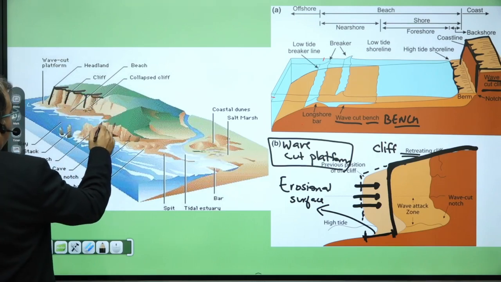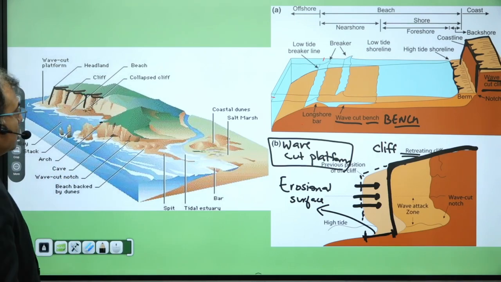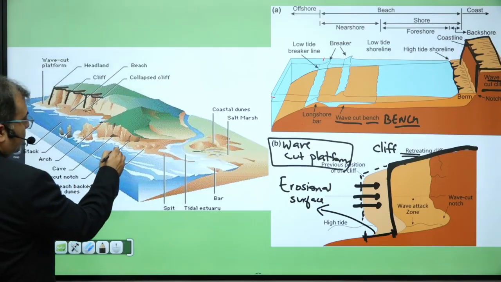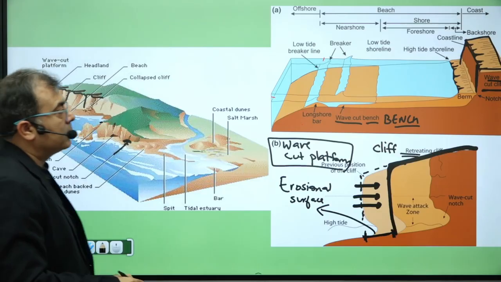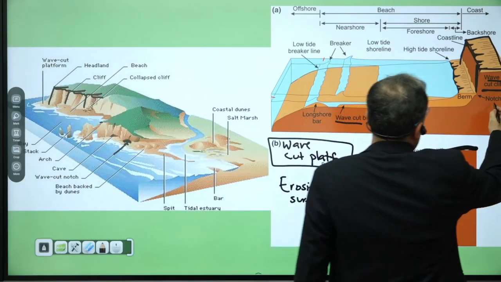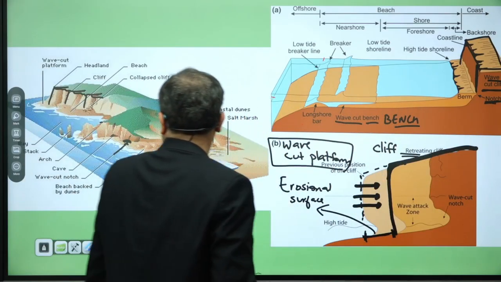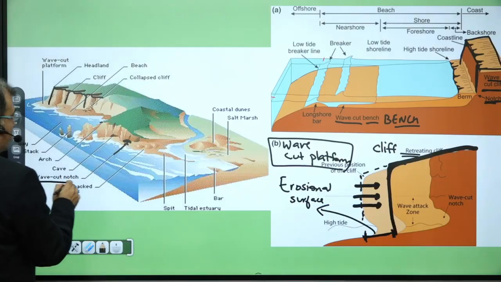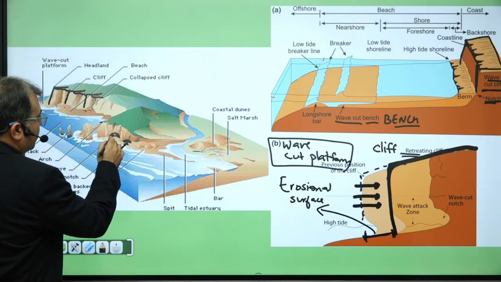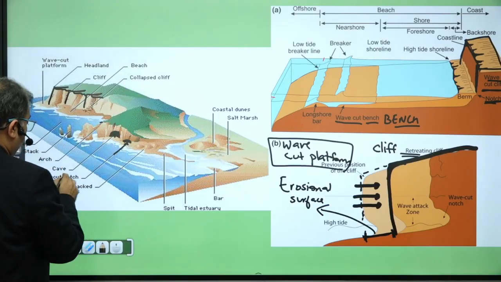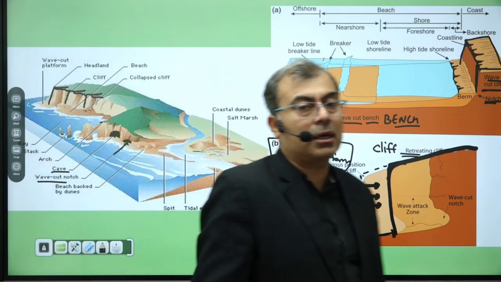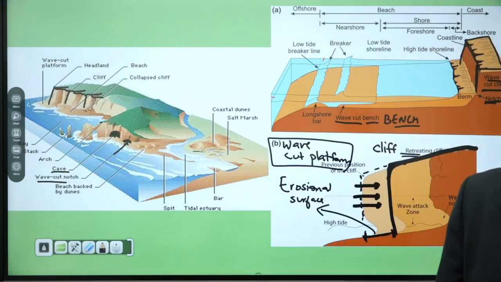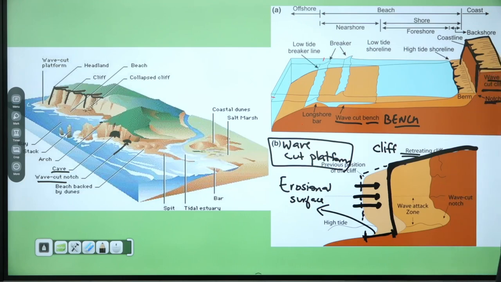Can you see cliffs? True or not? And can you see when we are trying to enter inside, an arch is created? Can you see they have written first a notch is created? एक notch है wave cut notch. When the notch becomes deeper, goes inside, what we call it, wave cut cave. Everyone okay with a cave and a notch?